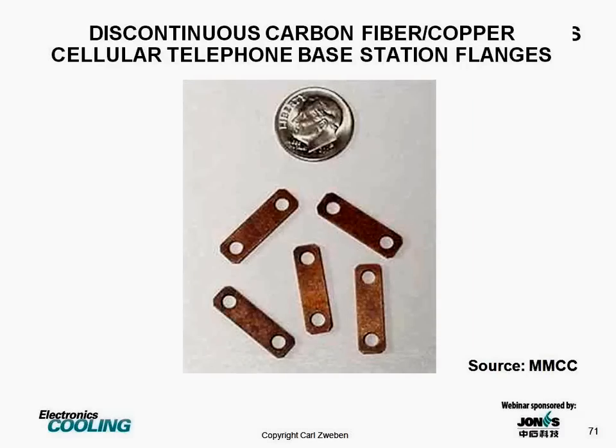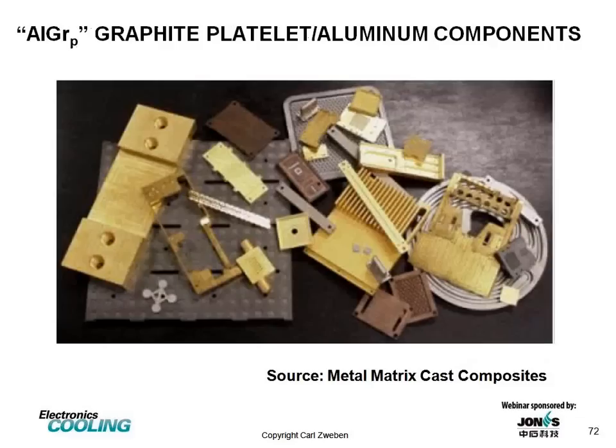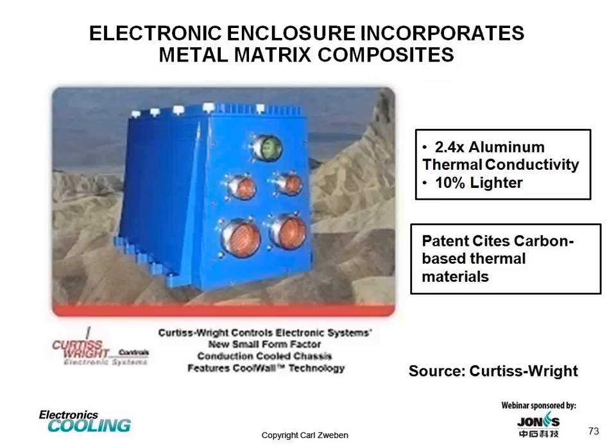These are experimental cellular telephone base station flanges made of copper reinforced with discontinuous carbon fibers. Here we have a whole series of components made of aluminum reinforced with graphite platelets, which again gives you in-plane thermal conductivities much higher than copper, combined with low densities and low CTEs.